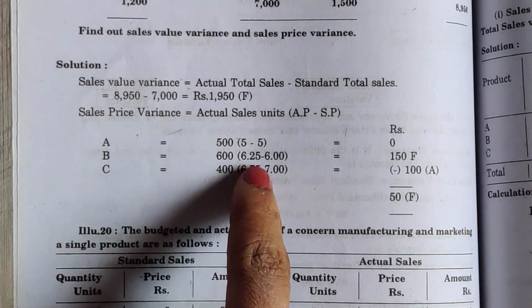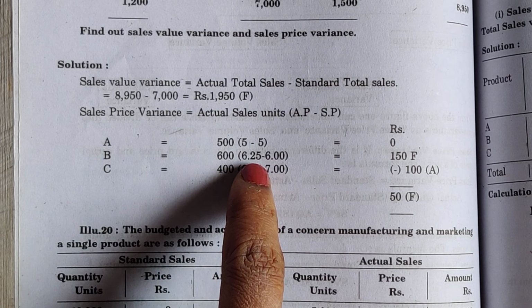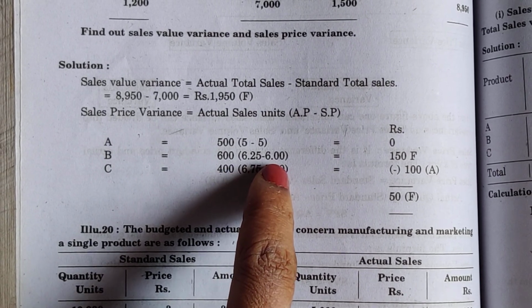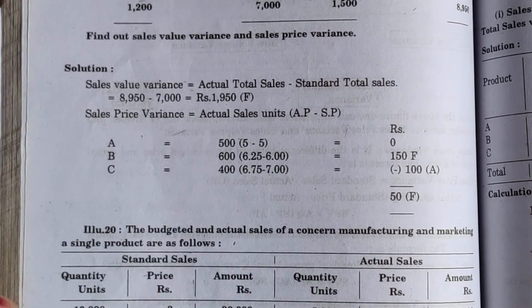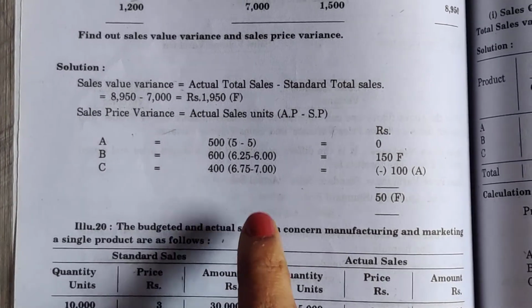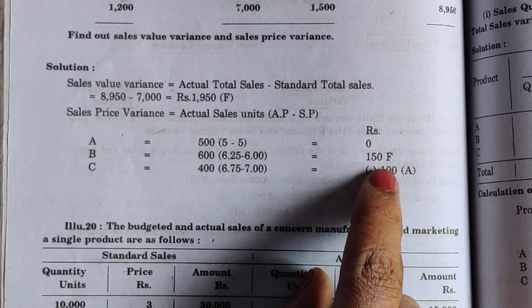And for B product, we sold 600 units. The actual selling price is 6 rupees 25 pice, but we expected it should be 6 rupees. So here we increased the actual selling price, that's why we got this favorable amount.